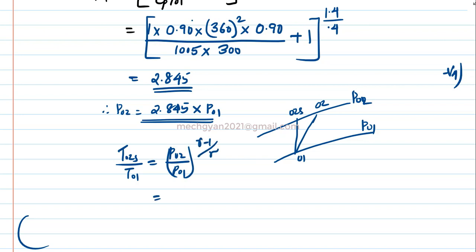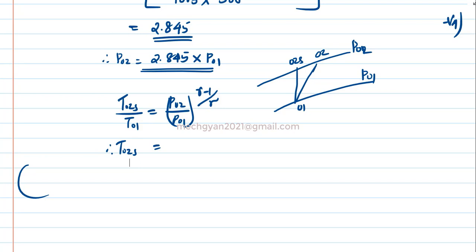Therefore T02s equals T01, which is 300, into 2.845 whole raised to 0.4 by 1.4.